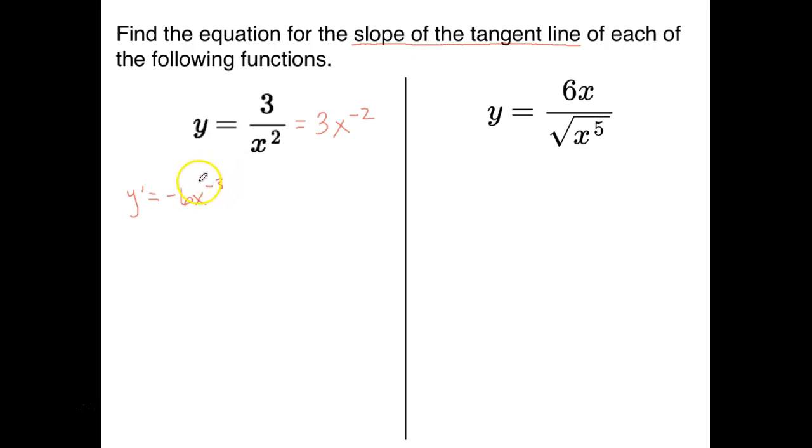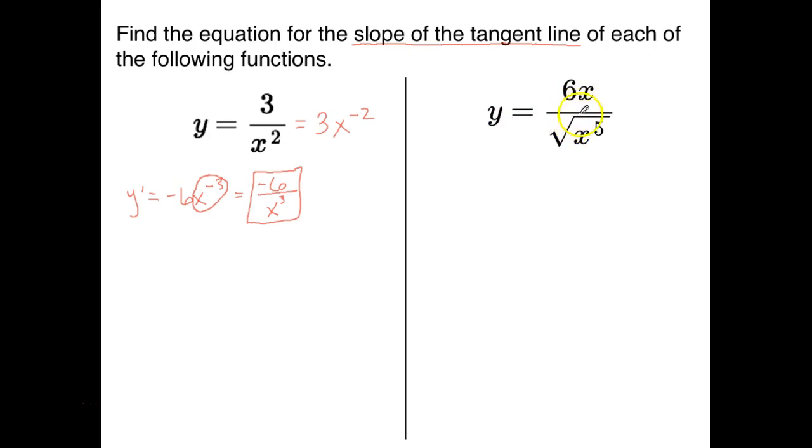Negative 3. Can't leave the negative exponent, so you circle what you need to move. We're going to move it to the bottom of the fraction. So negative 6 over x to the third. Okay, that's an equation for the slope of the tangent line. It finds the slope anywhere we want.